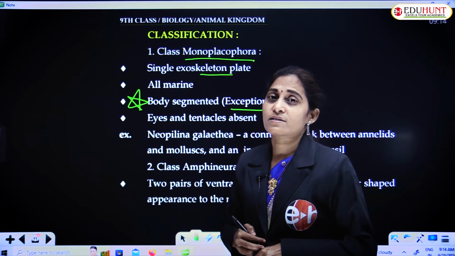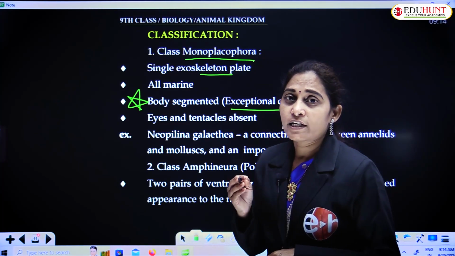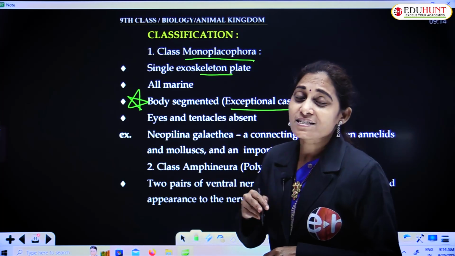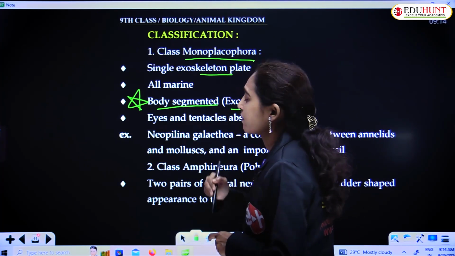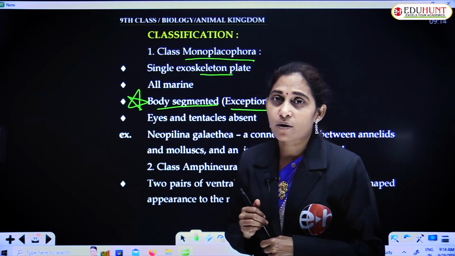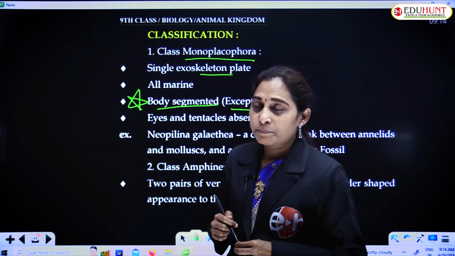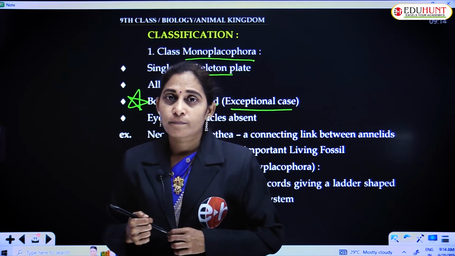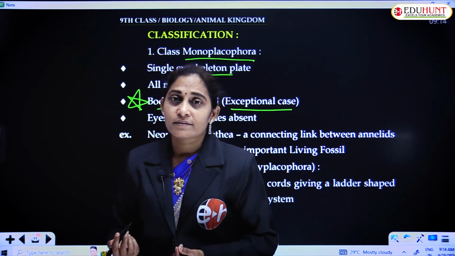You may be asked about a molluscan with segmented body. This is the case where we can see the segmented body. In general features, we have mentioned that the body is unsegmented.